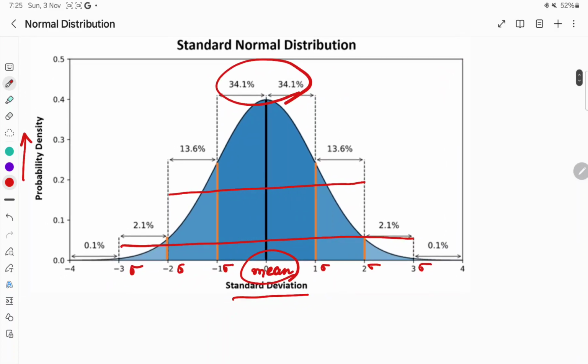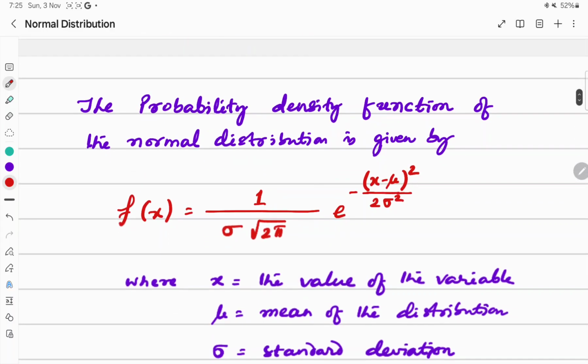So you can calculate the standard deviation and the probability density and the mean from a given data.